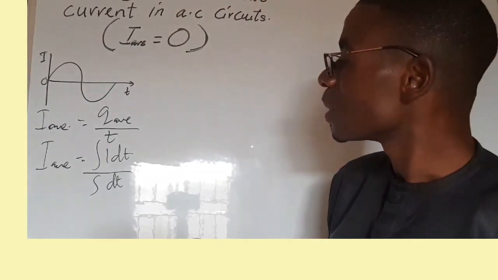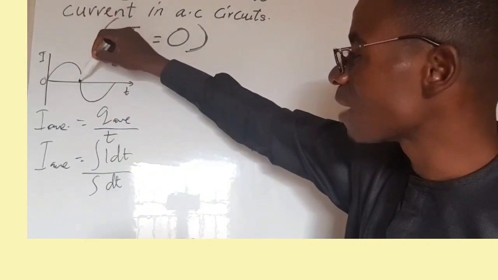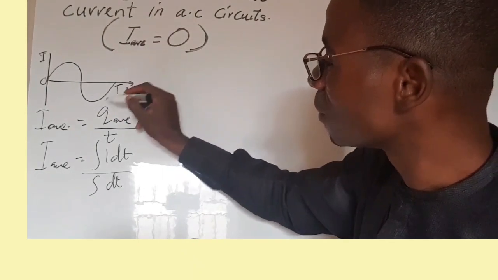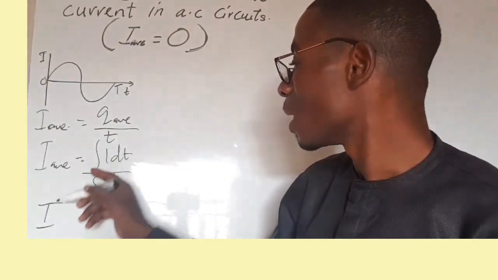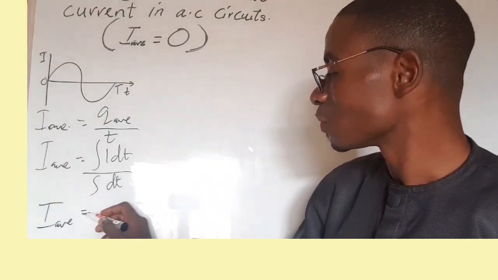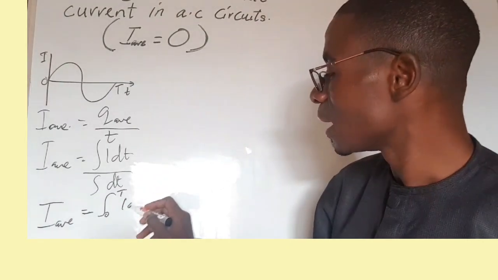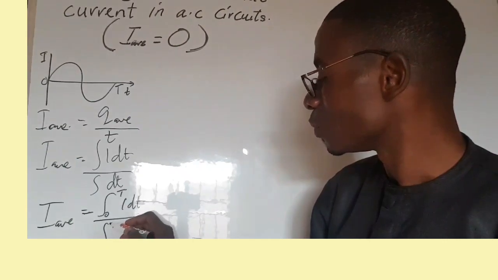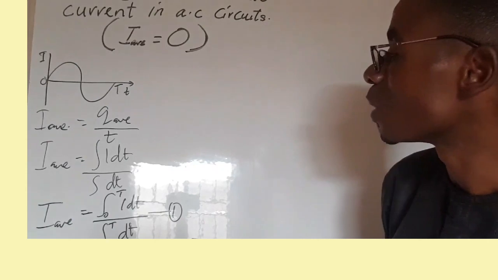Now that we are considering one complete cycle, that is from 0, this is half a period, then this is the complete period, so we have T here, from 0 to T. So our equation will change. We have the average equal to integral from 0 to T of I dt all over integral from 0 to T of dt, and this is going to give us equation 1.